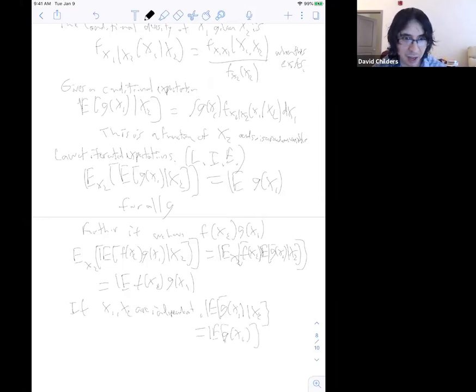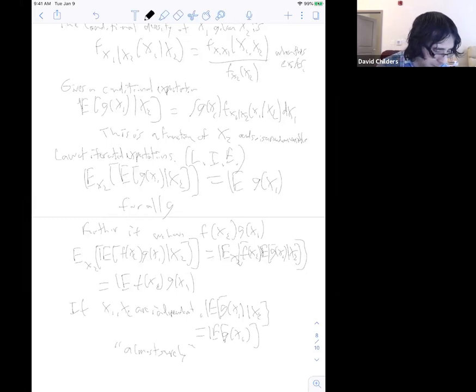And so this unconditional expectation is equal to the conditional expectation. Now, this is a little weird because the thing on the left is a random variable, and the thing on the right is simply a real number. And so in fact, the proper statement is that this equality holds almost surely.